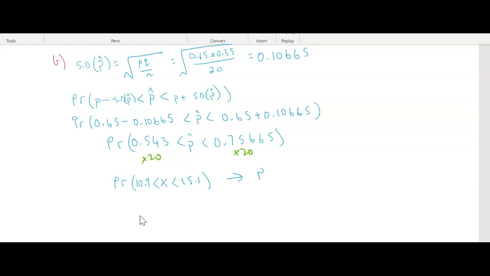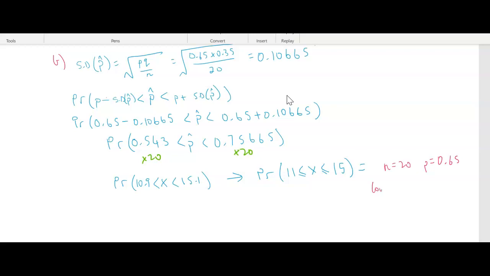So we want to be greater than 10.9, so it's going to be 11, and less than 15. All right, so now it's a binomial. So n is going to be 20. P is still 0.65.